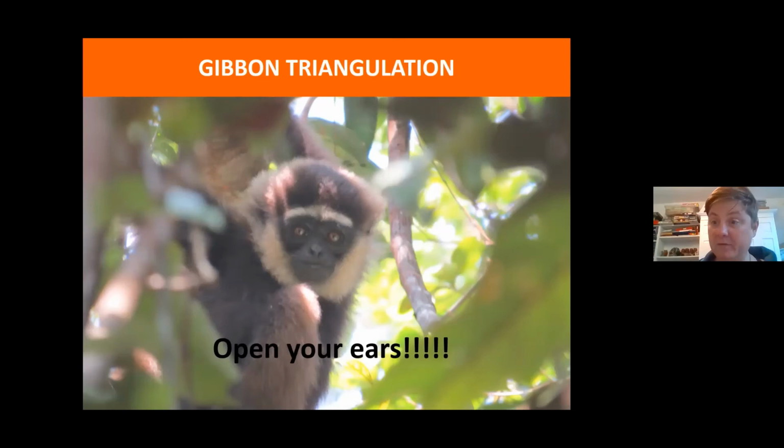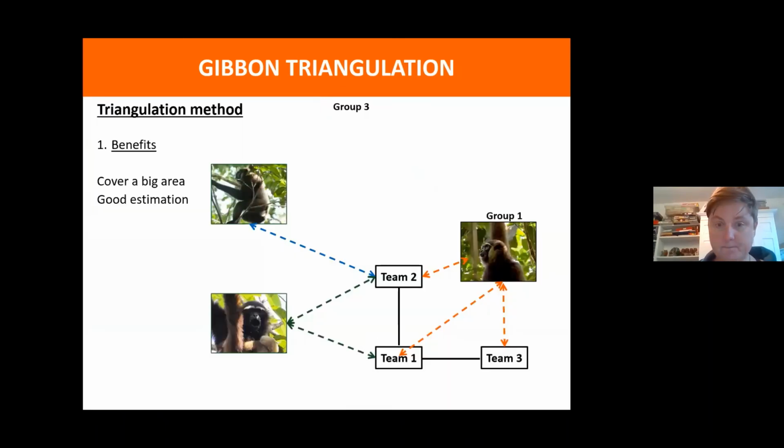But it does mean you have to listen. One of the benefits of this is that you can cover quite a large area and get a good estimation of density, and therefore hopefully create a population estimate for that area.